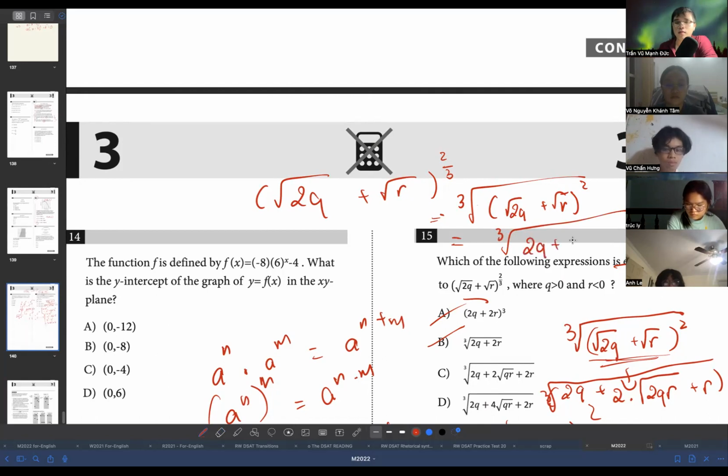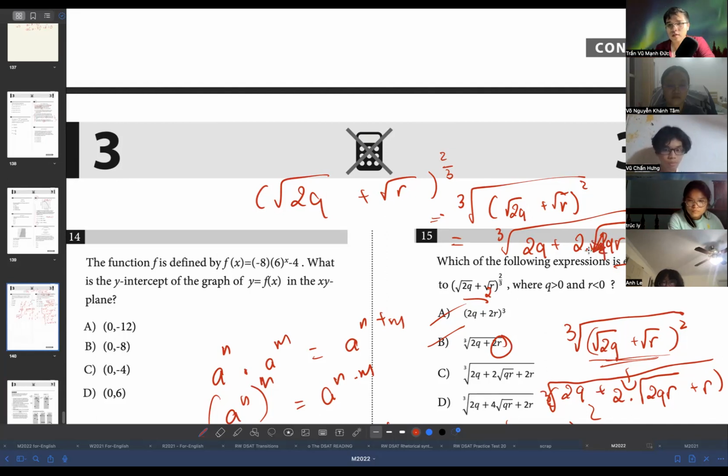2q plus 2 times 2qr. There's no way this will be 2r. There's no way. So this must be 2r. This must be 2r, and then it will be square root of 2, and 2 is 4, and it will be 2 times 2 here.